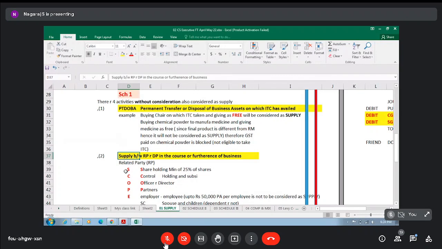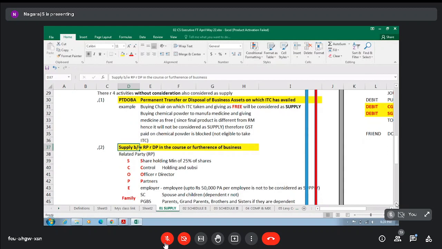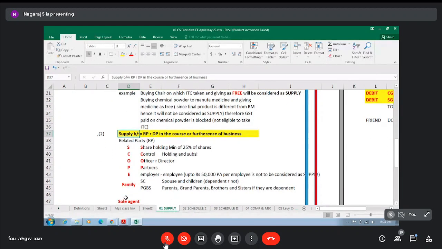Next, scope. SC means spouse and children. Who are dependent or not dependent children, they are also covered. And family, always family will be playing PUBG, right? Who are those? Your parents, your grandparents, your brothers and sisters.